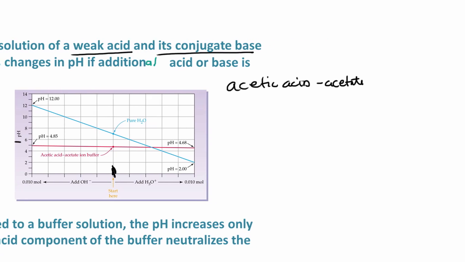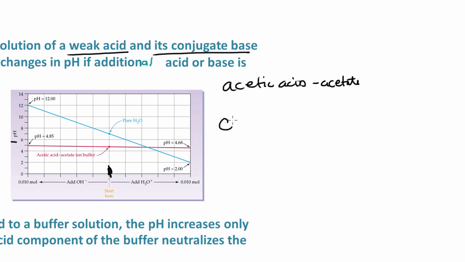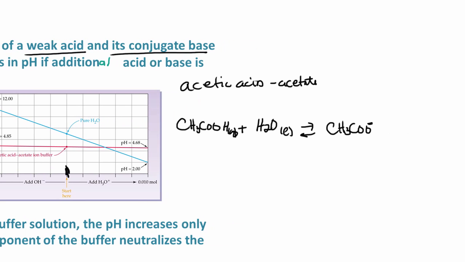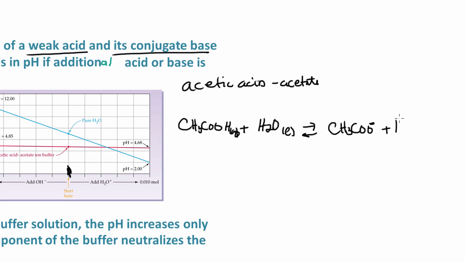So let's go ahead and write the equation for this. So we have our acetic acid, and we're in water, so we're aqueous here. And let me write that out. And so we have our acetate ion plus our hydronium ion.